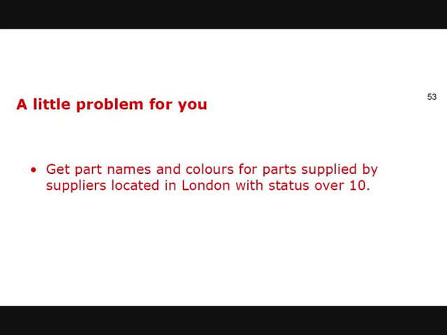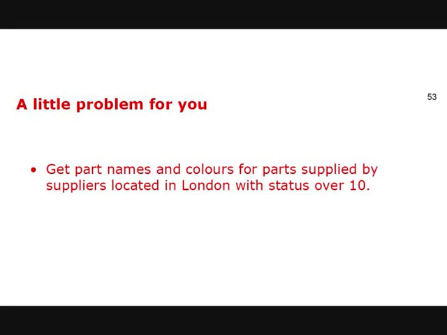What do I have to do? We don't need the name of the supplier, because at the end of the day we only need part names. Yeah, we need to join with the shipment table, because we need to know what parts the supplier supplies. And we can only do that by joining to the shipment table.